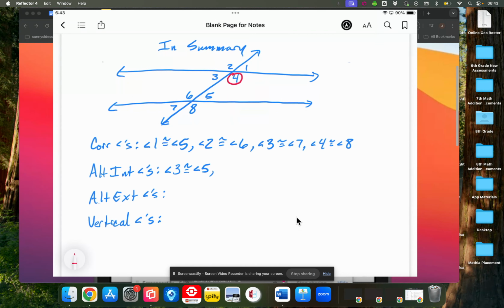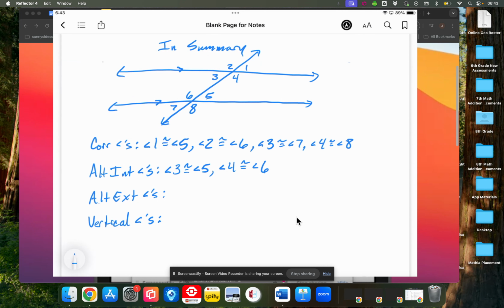Angle 4, again I go to the opposite side of the transversal and the opposite side of the figure. Angle 4 is congruent to angle 6 because of alternate interior angles. And there's only two pairs there because there are only four angles that are inside the parallel lines. And I should have put parallel marks on my lines. I probably need to go back and do that for all of them actually.